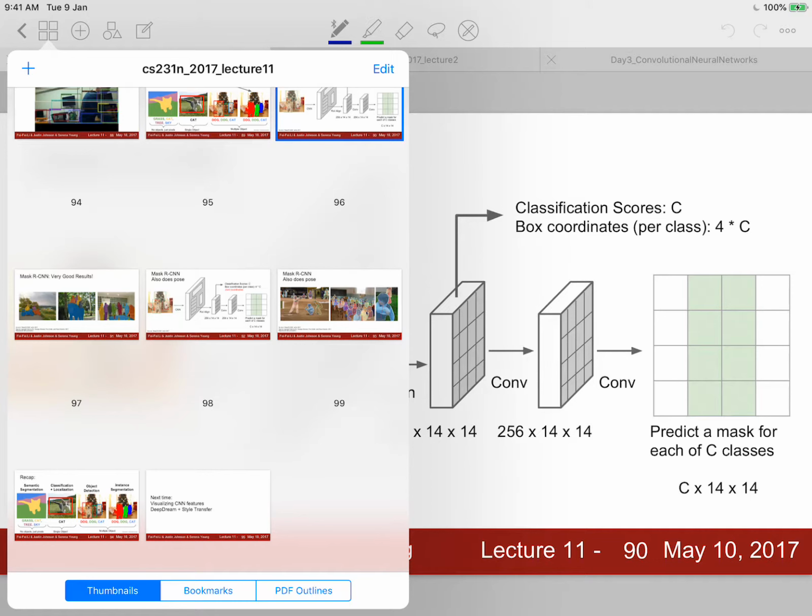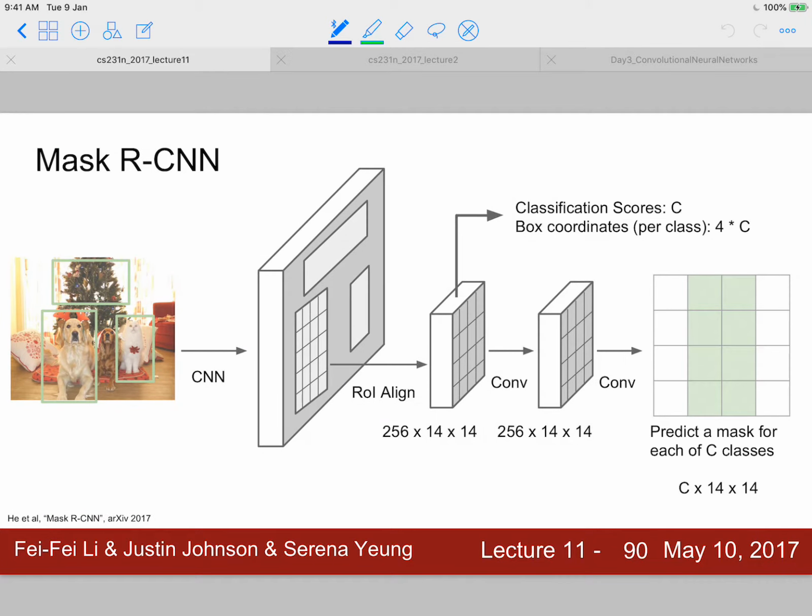Okay, and this Mask R-CNN, I believe you guys understood this, but it's still following the two-stage approach, where the first one is determining the ROI regions, right?